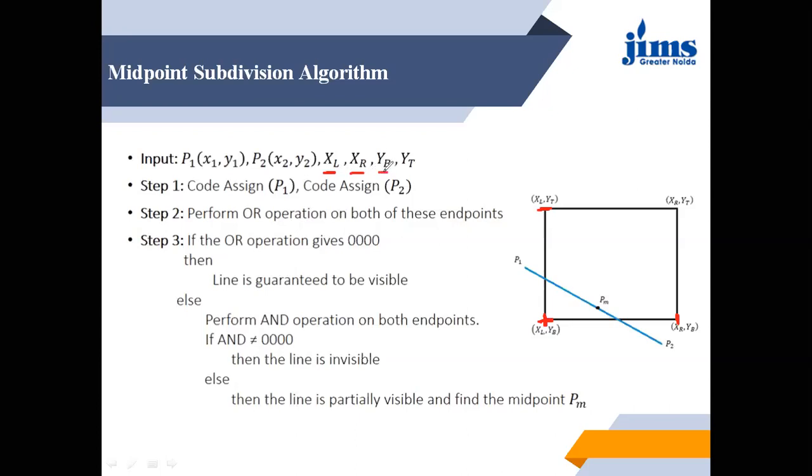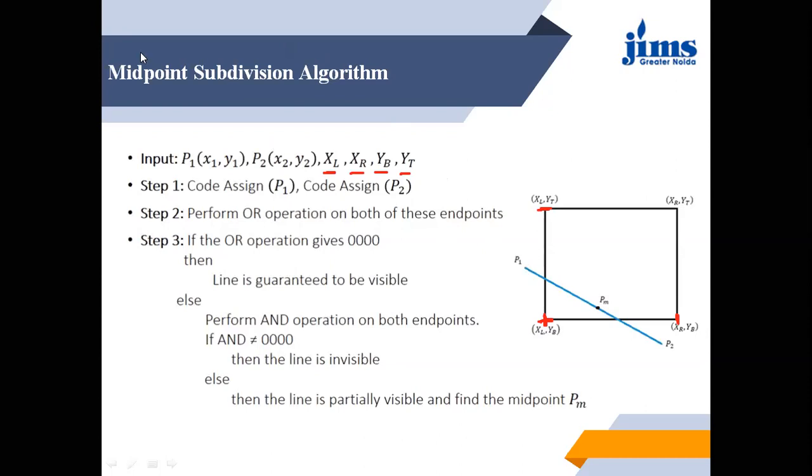Y below means the bottom boundary on the y-axis, and this is Y top, the top boundary or top edge of the window on the y-axis. The coordinates of the line, that is P1 and P2, will also be given to us.